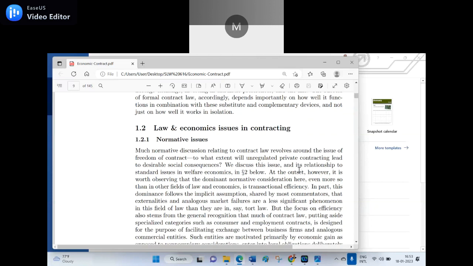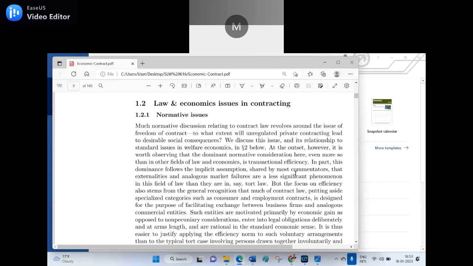And when you see the normative issues, what is meant by normative issues? Much normative discussion related to contract law revolves around the issue of the freedom of contract. So, freedom of contract: parties have the right to choose, but it is not absolute.